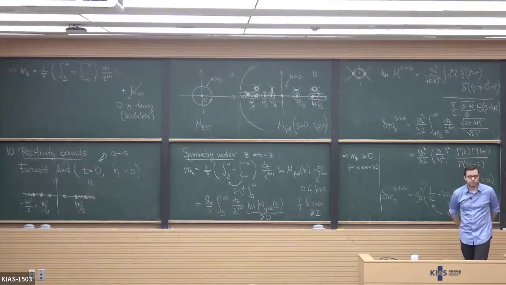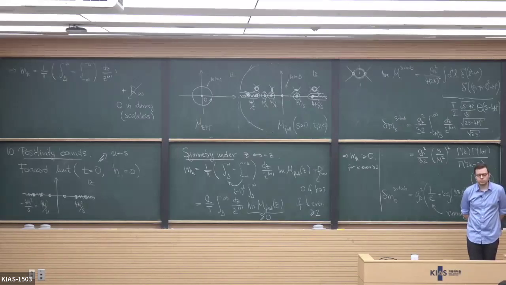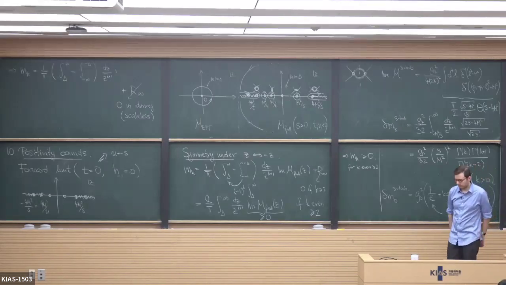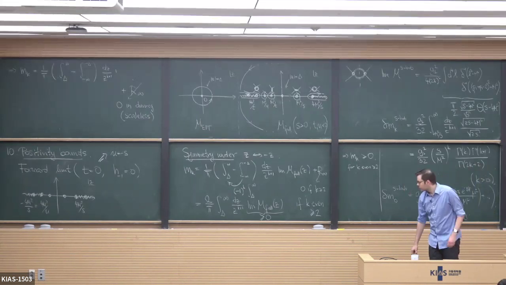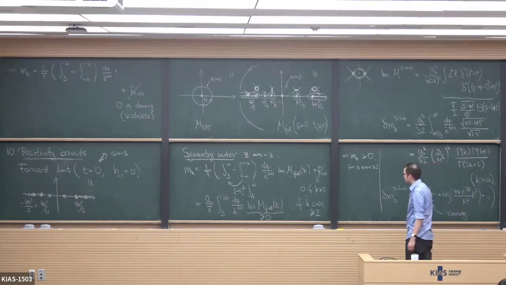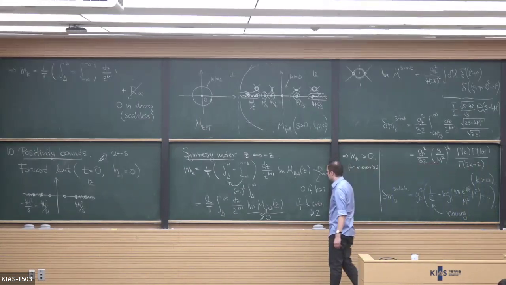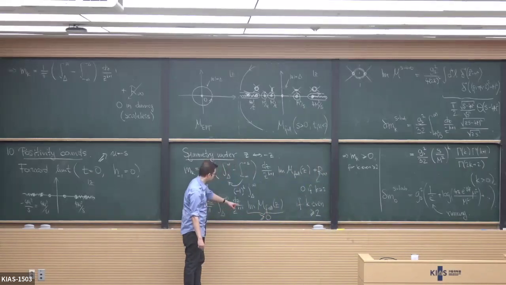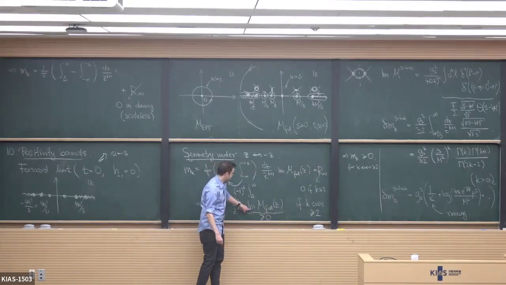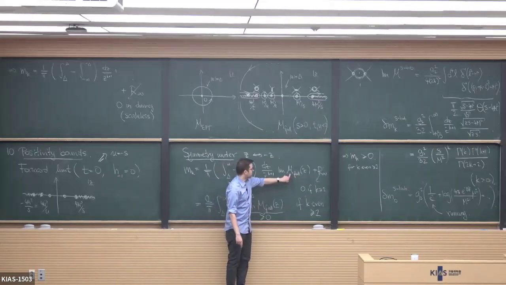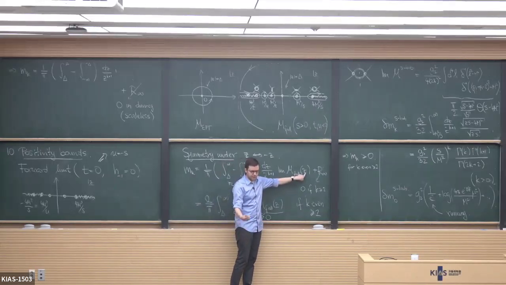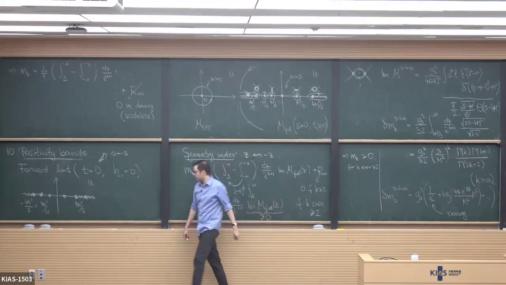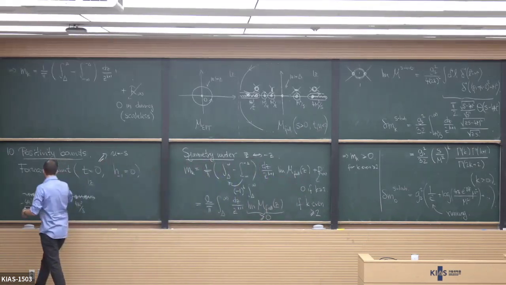What's the question? How are we sure that the imaginary part of the matrix element at z equals the imaginary part at minus z? So the question is, how are we sure that the imaginary parts of the matrix element with plus z and minus z are the same? Yeah, this follows from the Bose symmetry.